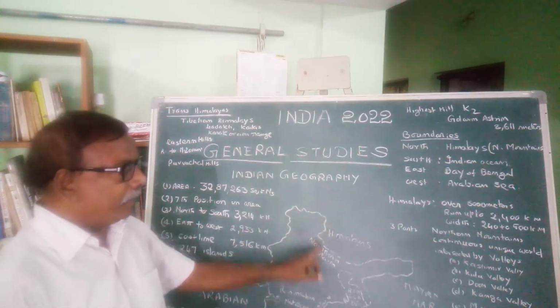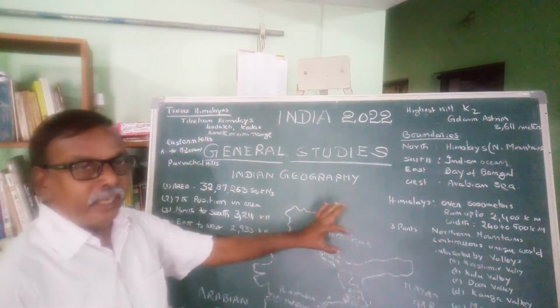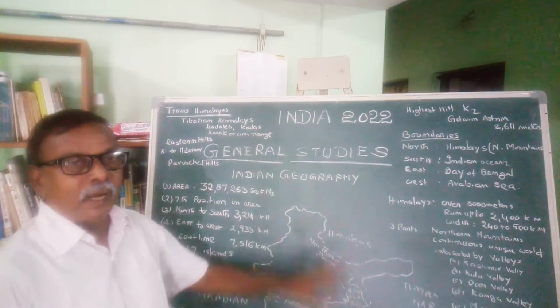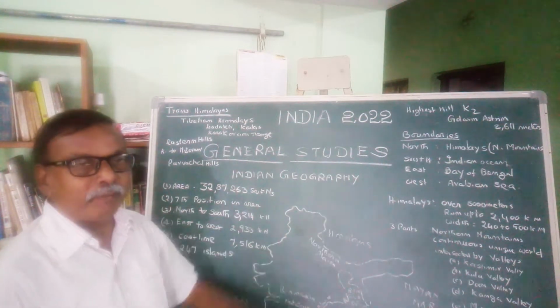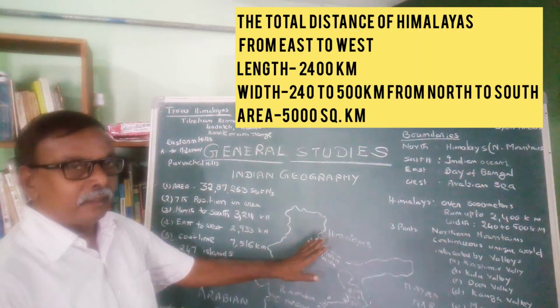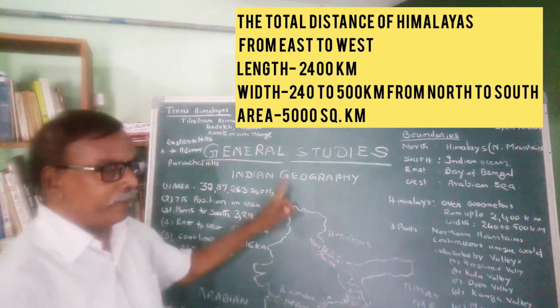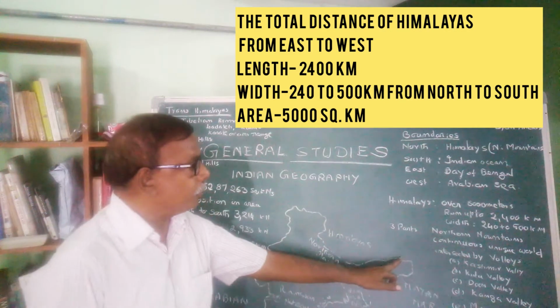All these 3 types of Himalayas occupy a distance of 2,400 kilometers from east to west.